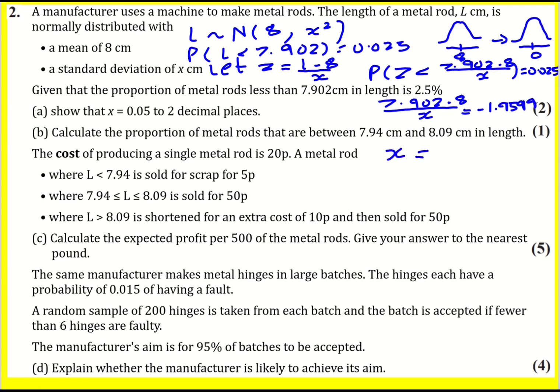I'll just rearrange, so x is going to equal 7.902 minus 8 over minus 1.9599. That becomes 0.05000 in fact, so 0.05 to 2 decimal places.